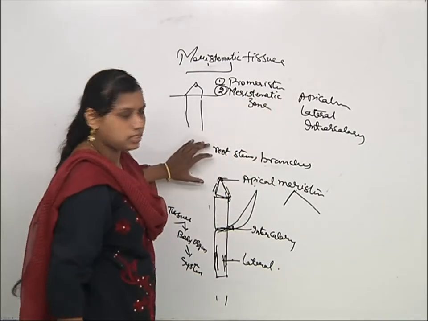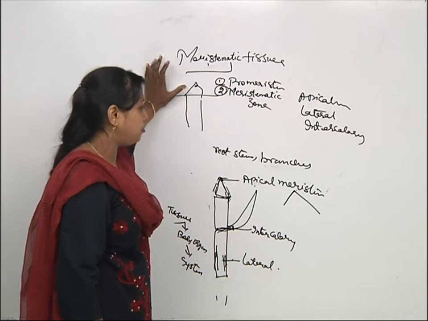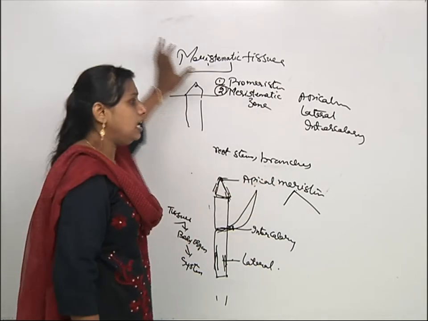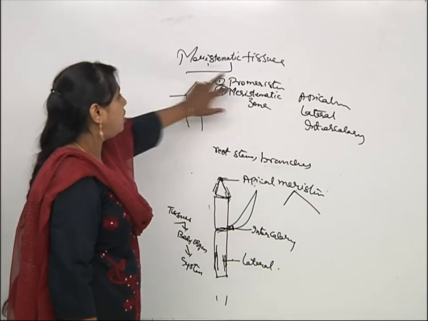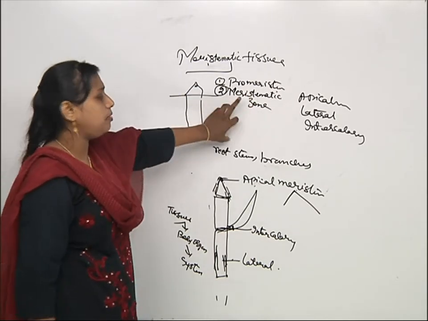So, apical meristems, which are present almost at the tips of the roots, stems and branches, are divided into 2 zones: promeristem and meristematic zone.